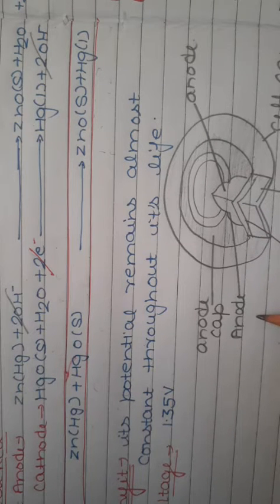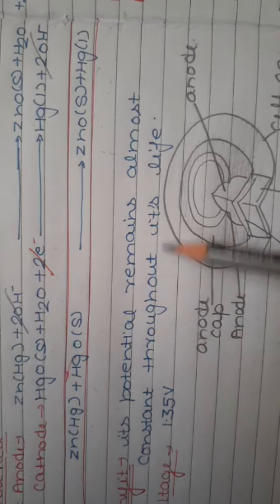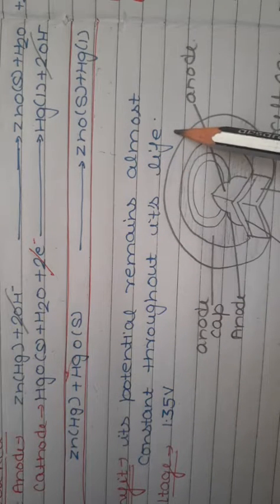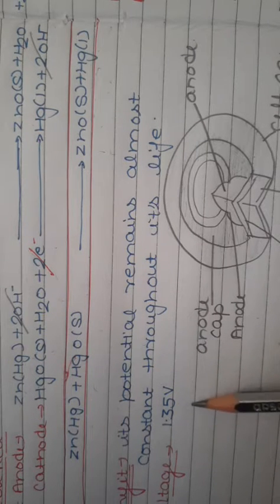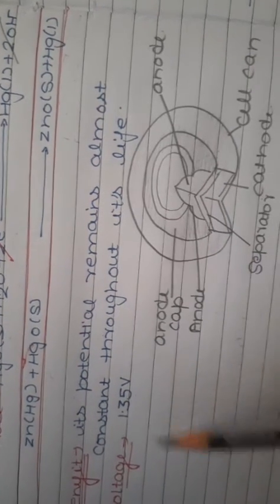By contrast, the potential of the ordinary dry cells decreases slowly but continuously as it is used. So, this is the benefit of this cell. Now, how much voltage can be drawn from these cells? 1.35 volt can be drawn from these cells.